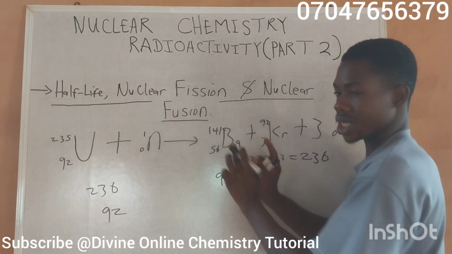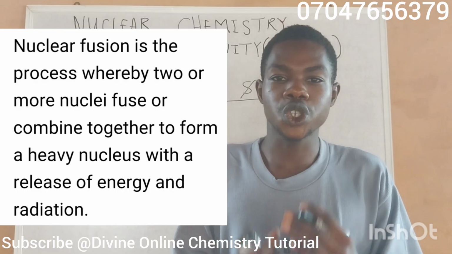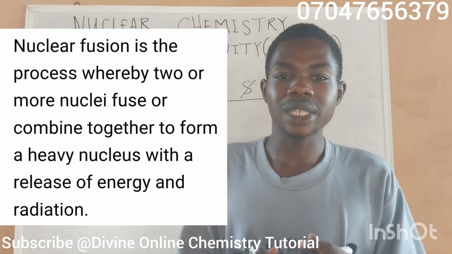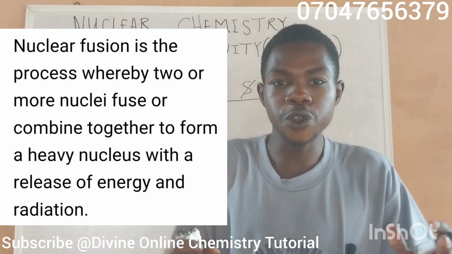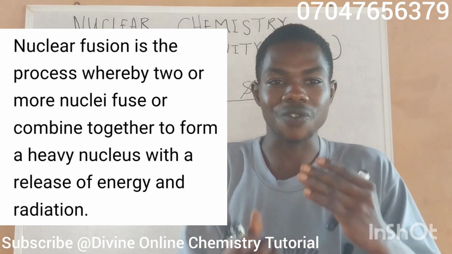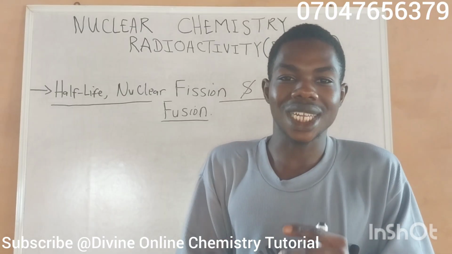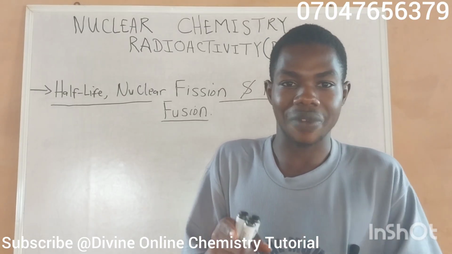Now, what is nuclear fusion? Nuclear fusion is the process whereby 2 or more nuclei fuse or combine together to form just one nucleus with a release of energy and radiation. Now, nuclear fusion is just like the opposite of nuclear fission that I've explained earlier on.